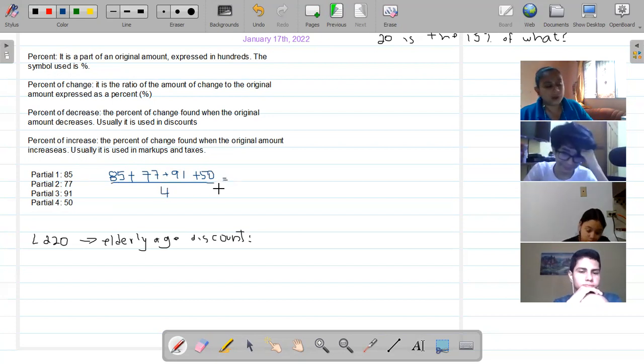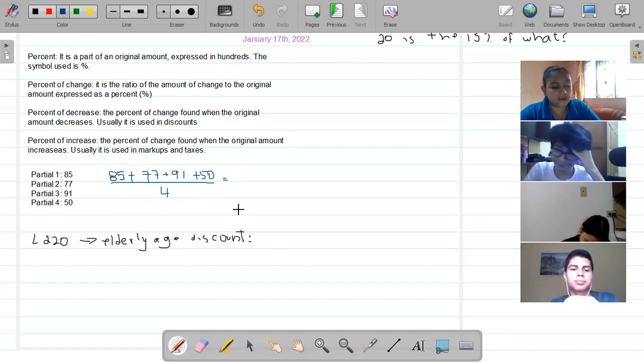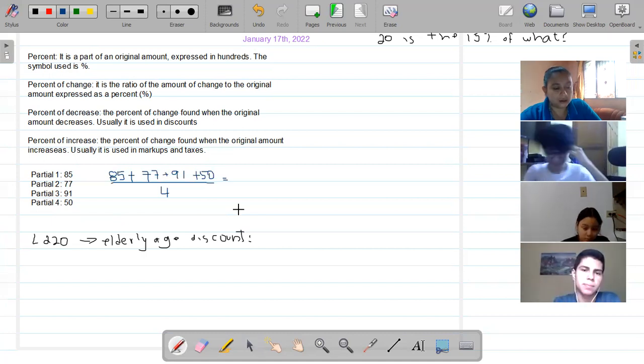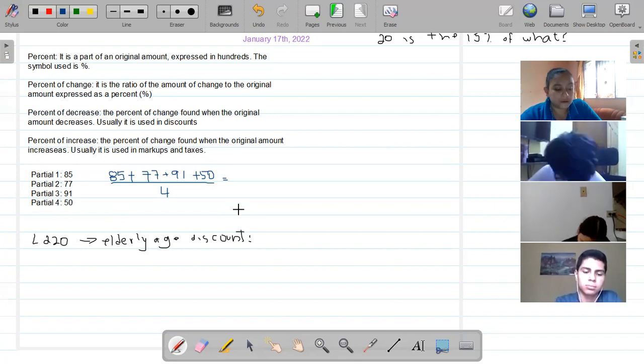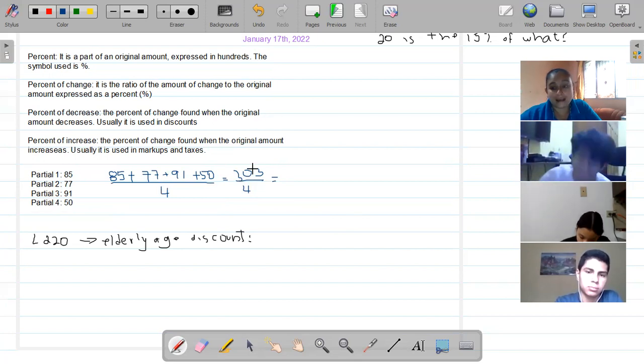So we're going to say 85 plus 77. How much is that? That's 162, right? Plus 91, that is 253, plus 50, that is 303. So 303 divided by 4. So we are going to see if that student actually passed his math class and with what average.